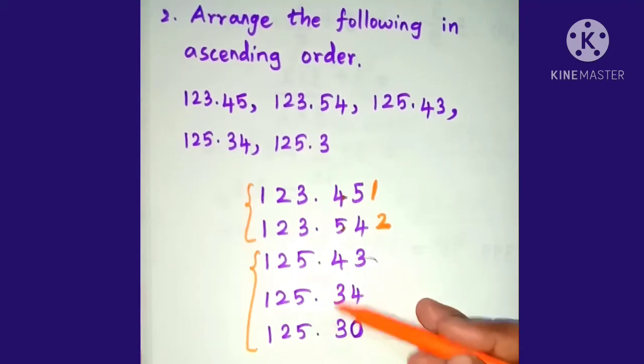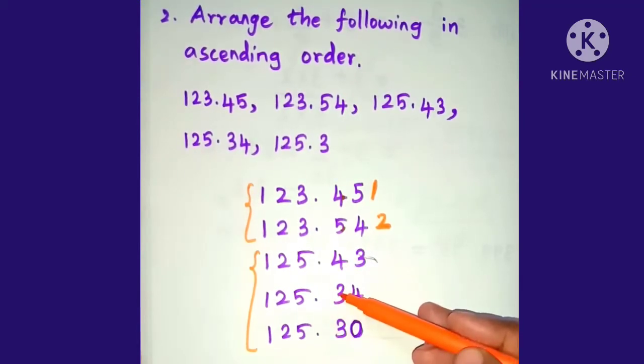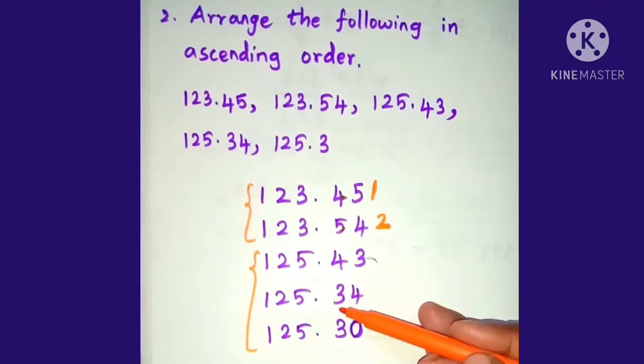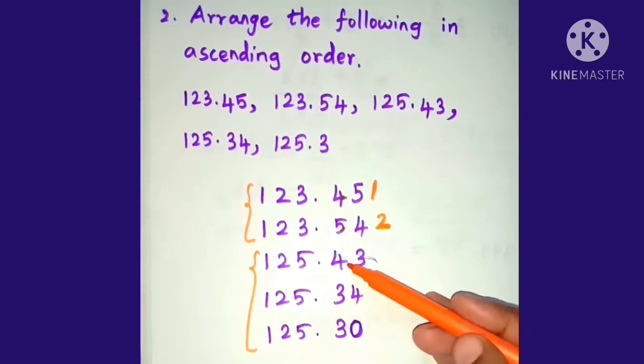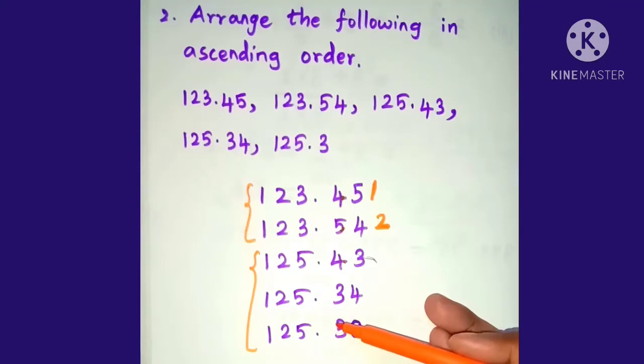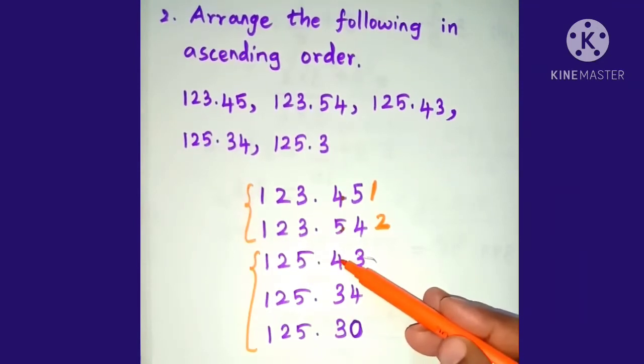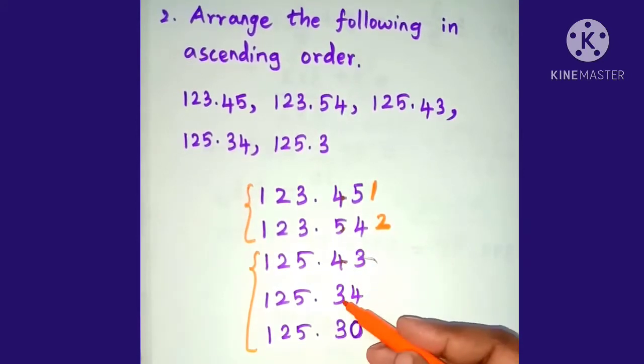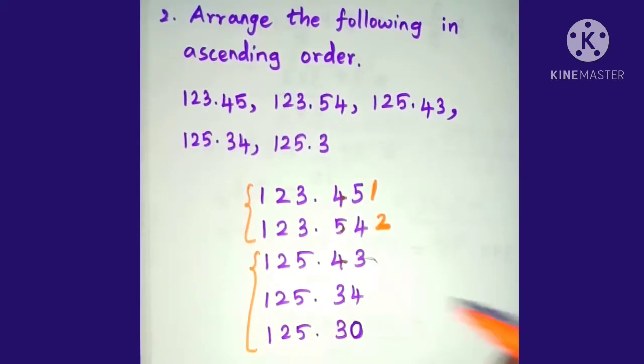These 2 also have 3 as the 10th place digit, and here it has 4 as the 10th digit. So this will be higher than these 2 values, isn't it? So keep this value apart.